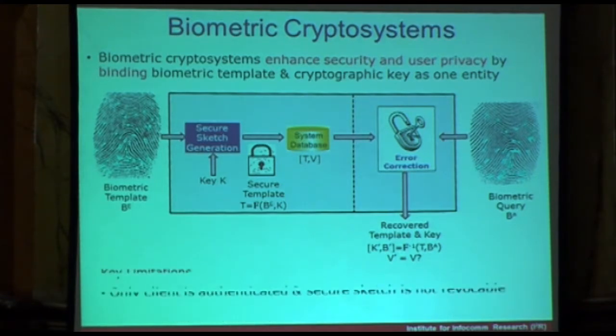The problem with this approach is that it is again focusing just on the client authentication part. And most of the existing secure sketch schemes do not directly address the problem of revocability. You usually need some kind of external random factors in order to provide revocability in biometric crypto systems.